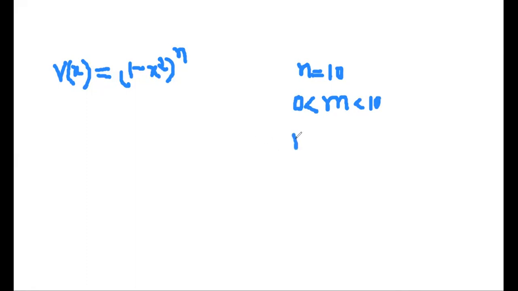Suppose I take m equal to 2. Then what is the second derivative of this function v of x? That means d power m of dx power m.